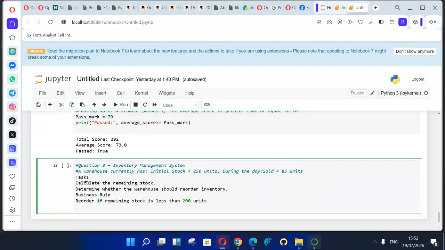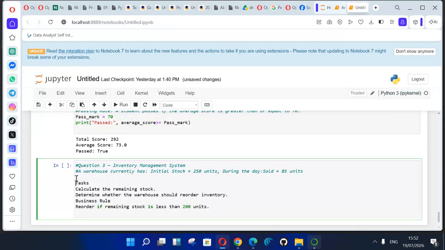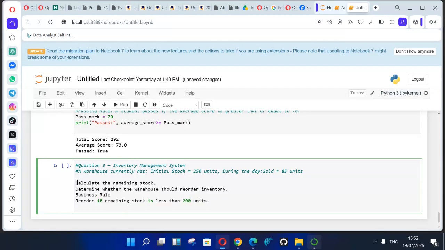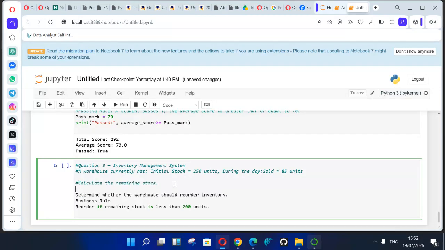So now the warehouse currently has initial stock of 250 and during the day they sold about 85 units. So this is the task. Now let's calculate. The first task is calculate the remaining stock.